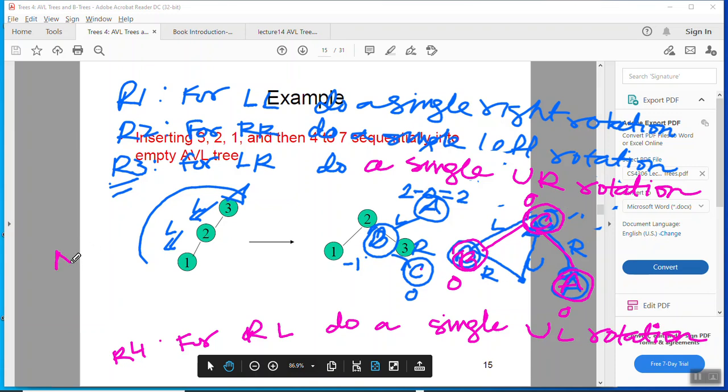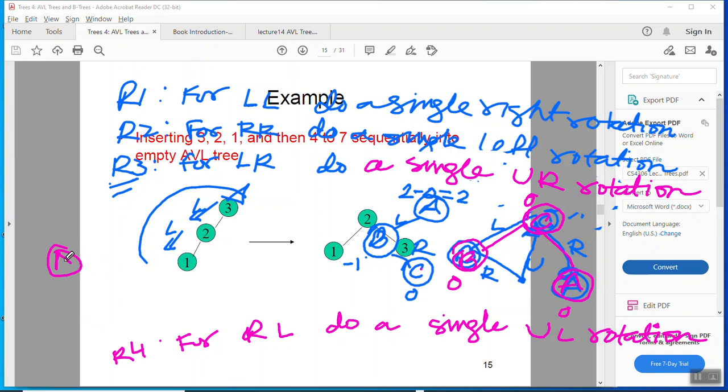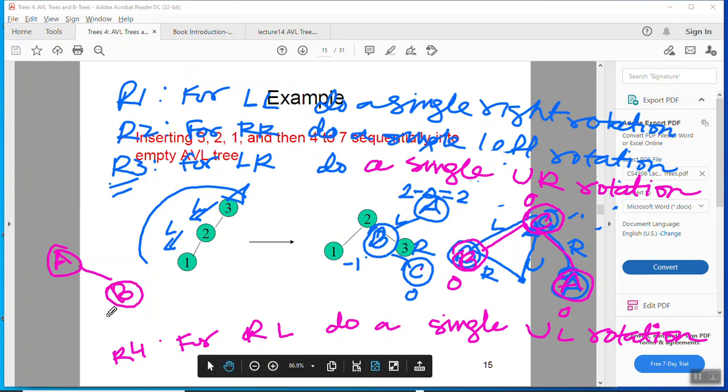If I have node A over here, and then it has another node, for instance B over here, and C over here. So this balance factor is 0, this balance factor is 1 minus 0, equal to 1, and this balance factor is 0.